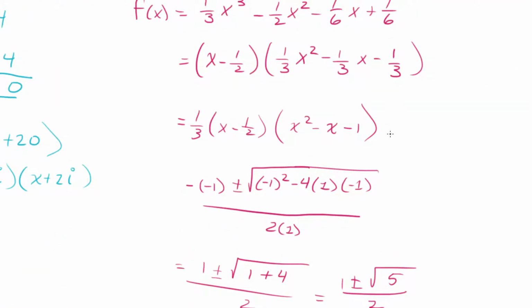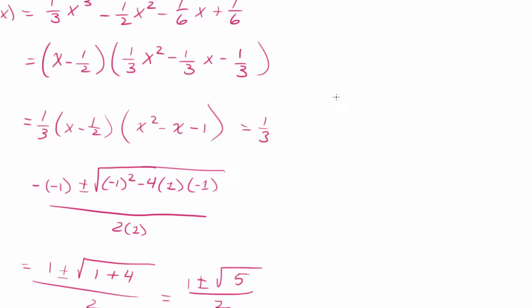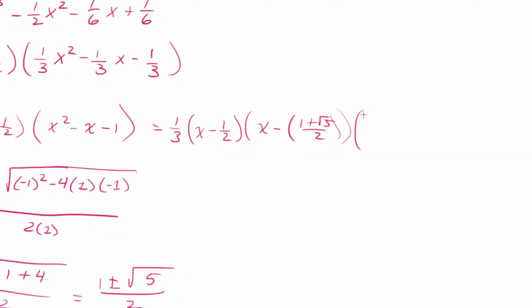So on the factorization here, you get 1/3, might need a little more space, times x minus 1/2 times x minus parentheses 1 plus radical 5 over 2 times x minus parentheses 1 minus radical 5 over 2 parentheses.